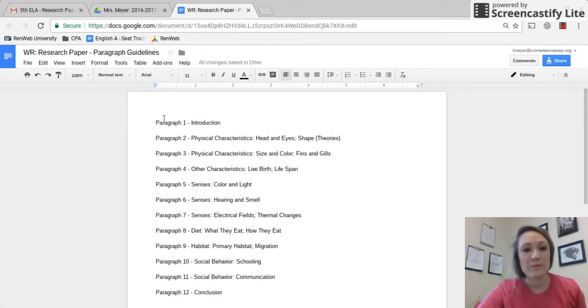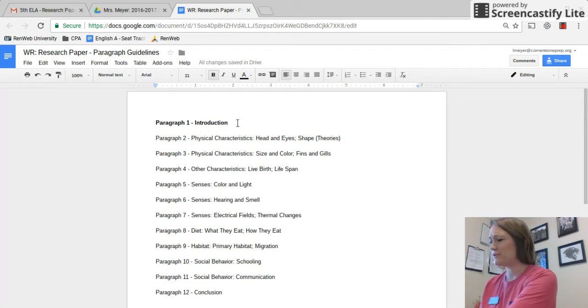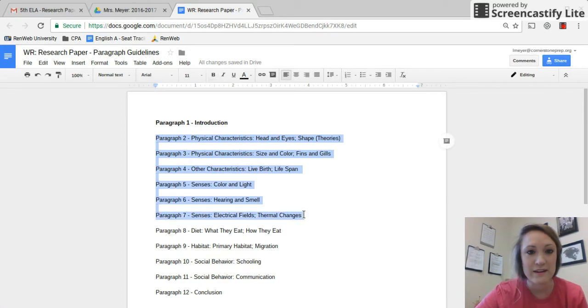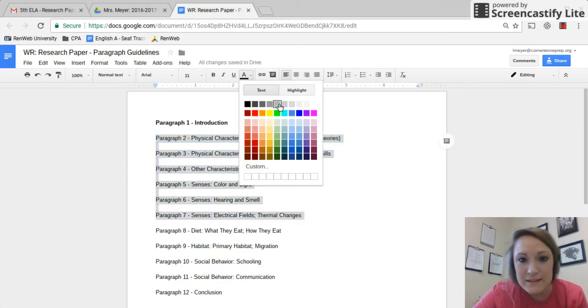All right, so paragraph 1 is done. I'm going to make this one bold. At home today, you are working on, I think it said through 7. Let me double check. Yes, so at home today, you are working on paragraphs 2 through 7. So I'm going to make these green.